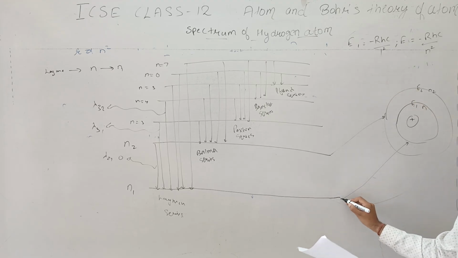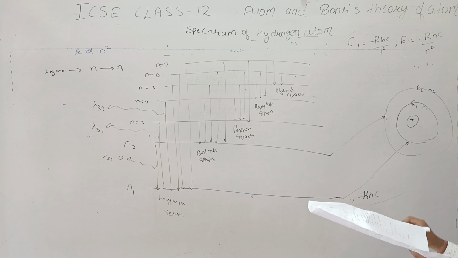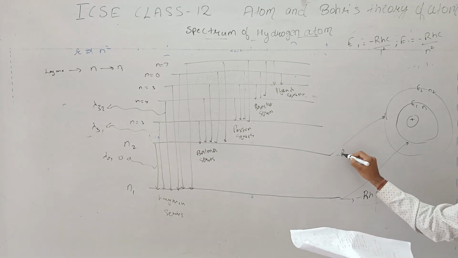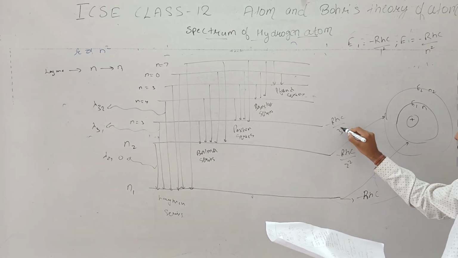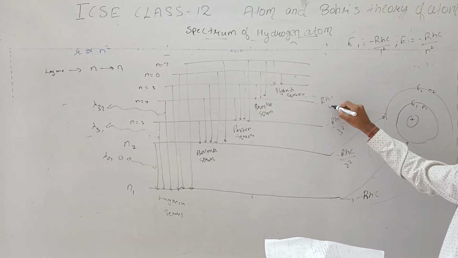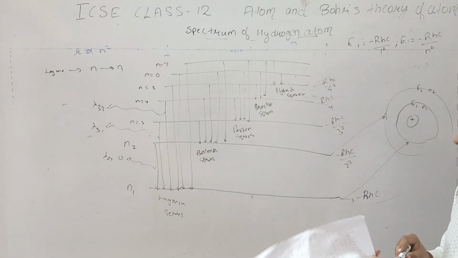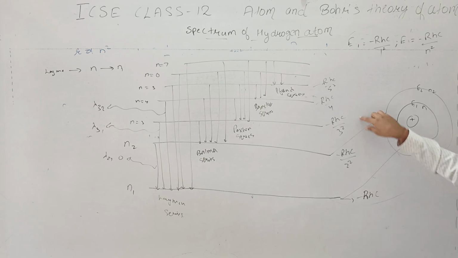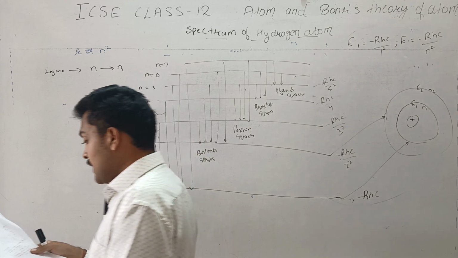The energy corresponding to the first level of hydrogen is minus RHC, to the second level is minus RHC upon 2 squared, then minus RHC upon 3 squared, minus RHC upon 4 squared, minus RHC upon 5 squared. So these are the different levels of energies. This equation we have derived in our previous video. Now we are only using these equations to study the spectrum of the hydrogen atom.